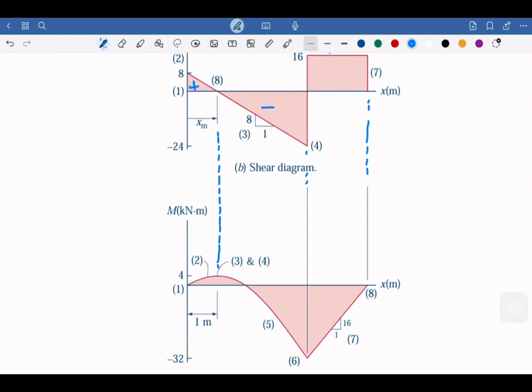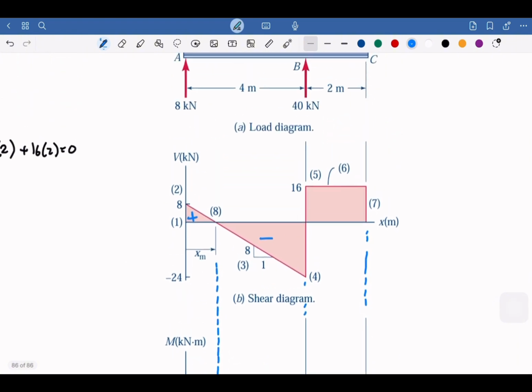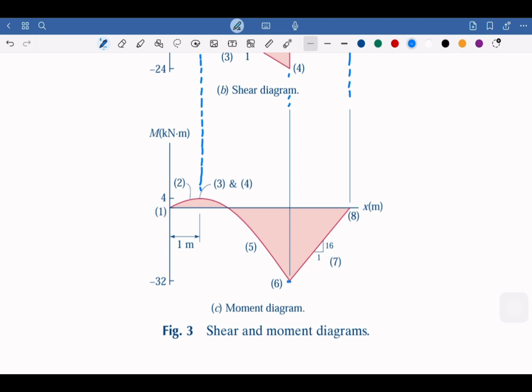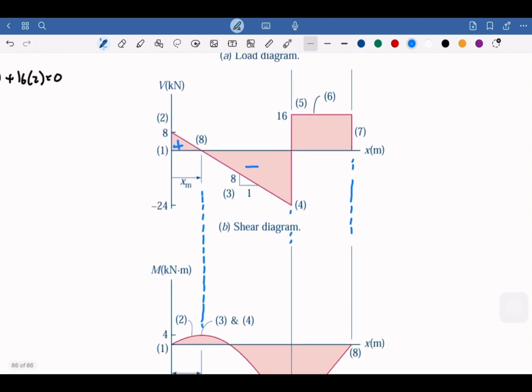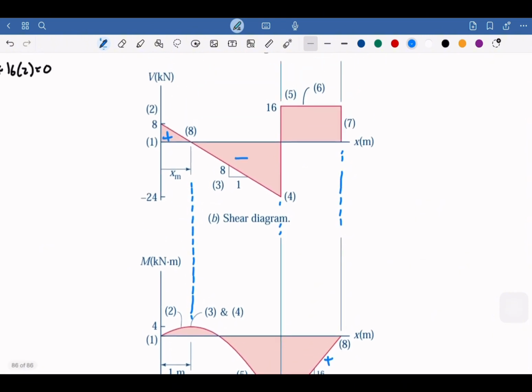So it goes down, and then there will be a constant part, which is at this negative 32. And then we have another linear contribution from the constant. This constant is positive, so this is also a positive slope, right? Because this is positive.